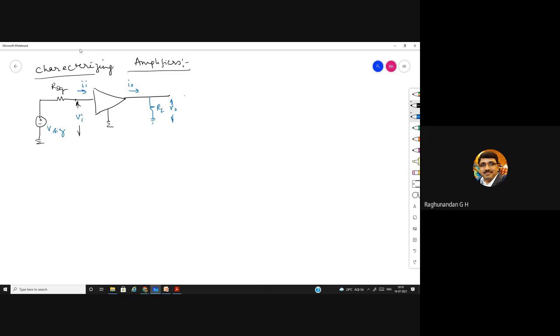can also be written in another form to find out the different parameters, like the resistance of this, all those things. In that case, we are going to consider one more circuit where the input signal is 0.